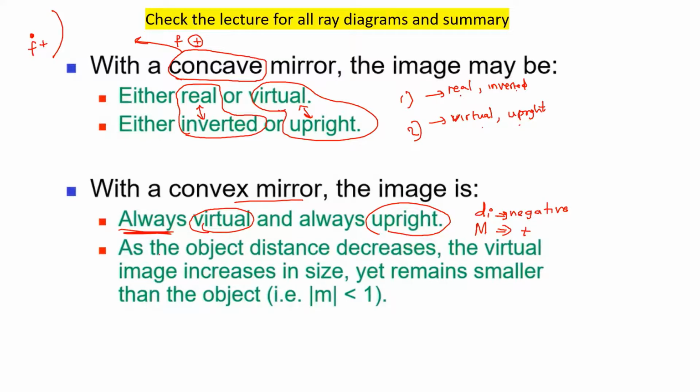Then they say as the object distance decreases, the virtual image increases in size and it is always smaller than the object. So that is another always thing. Always the image is smaller than the object. That means your M is always less than 1, right?